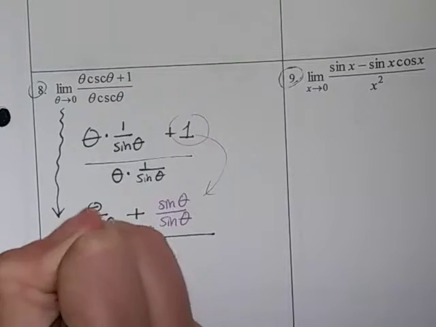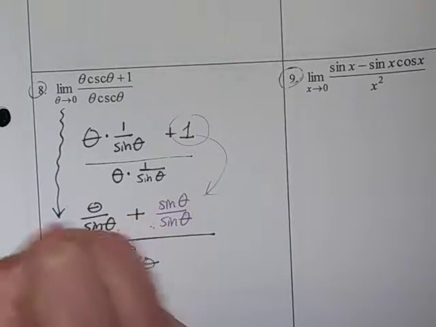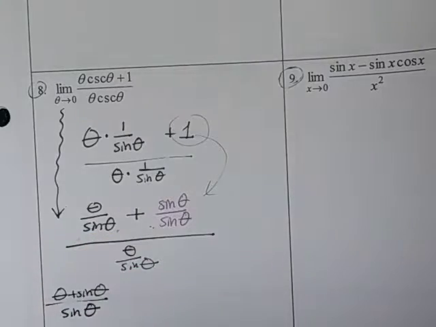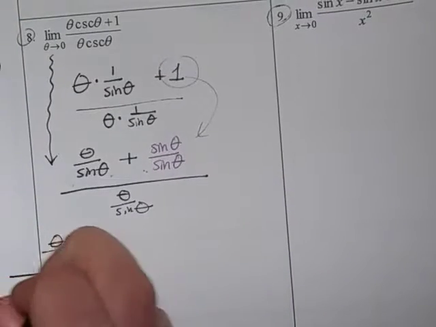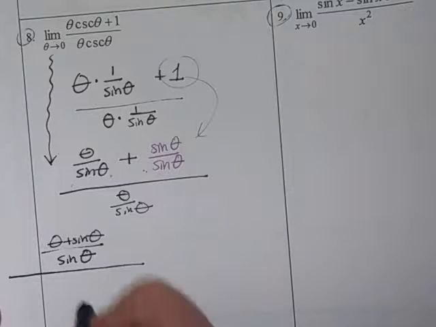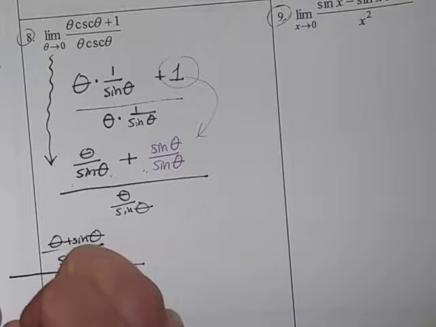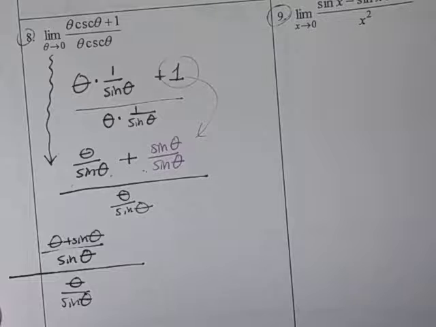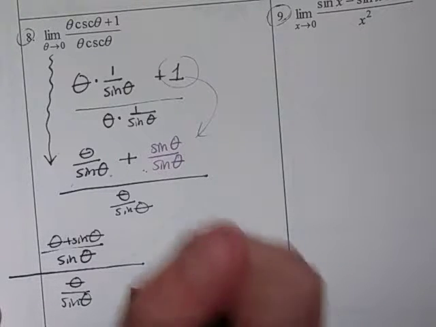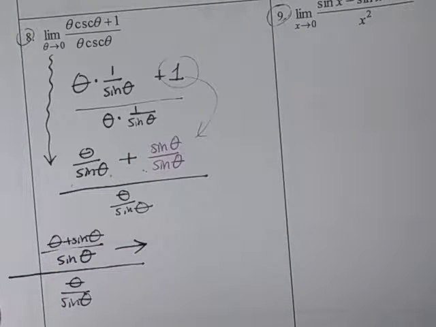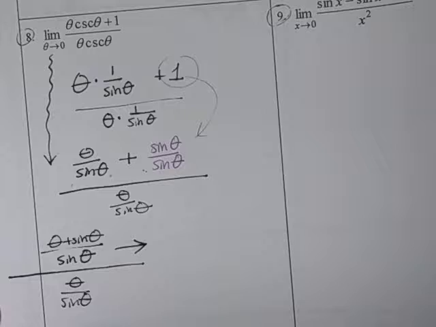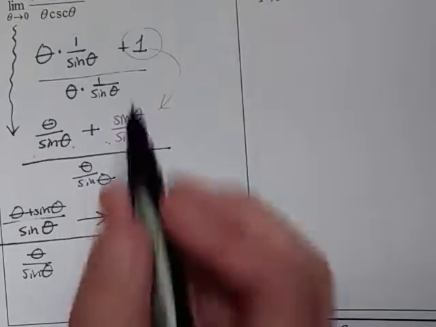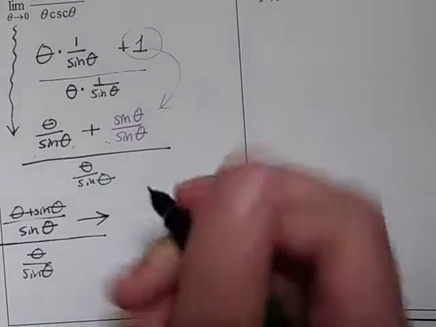So I have theta plus sine theta over sine theta divided by, I'm going to make it a little bit bigger there, theta over sine theta. Again, I have a double fraction within a fraction. So I'm going to simply multiply by the denominator's reciprocal instead, to try to make this one nice fraction finally. Again, all these steps are just making one nice fraction right now.